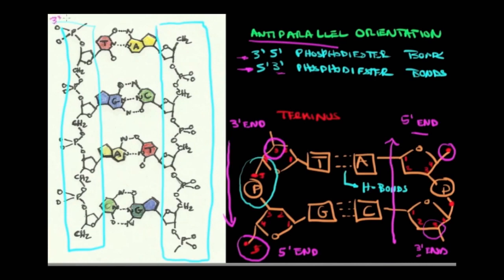So you have a 3' end and a 5' end here, and oriented in an antiparallel fashion, you have a 5' end and here a 3' end. And in the middle, you can clearly see the bases being bound to each other with hydrogen bonds, like I explained previously.